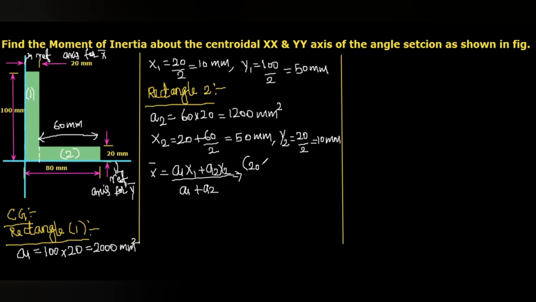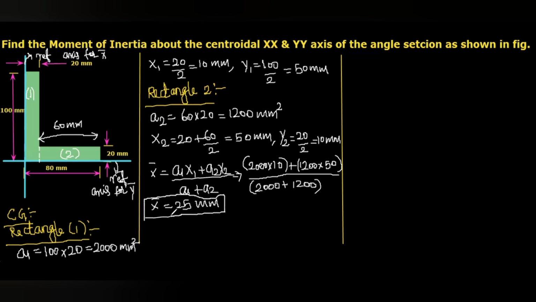A1, 2000 multiplied with x1, that is 10, plus A2, 1200 mm square, x2, that is 50 mm. The whole divided by A1, 2000 plus A2, 1200. So from this, we will get the x bar value, which is equal to 25 mm.